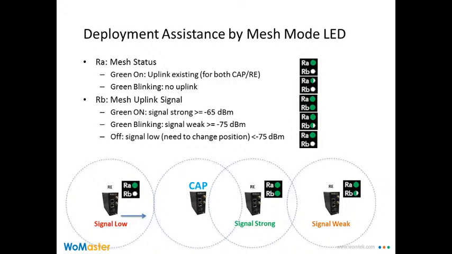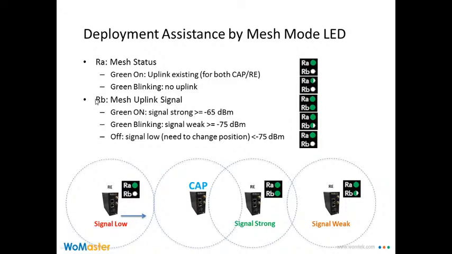If this WA512GM is a CAP, the green blinking means the CAP has no connection to the internet. But if this WA512GM is a range extender, the green blinking means it has no uplink to another range extender or no uplink to the CAP.